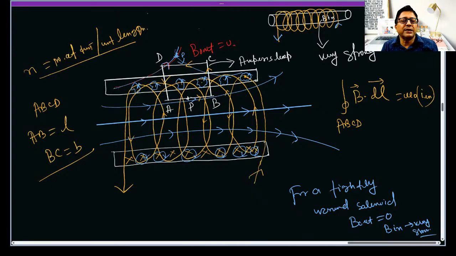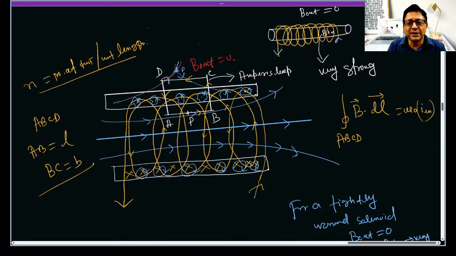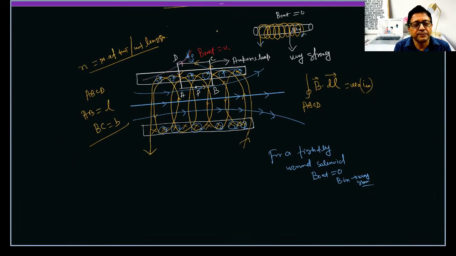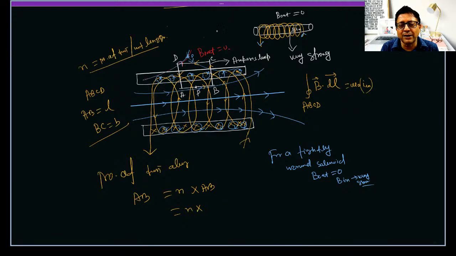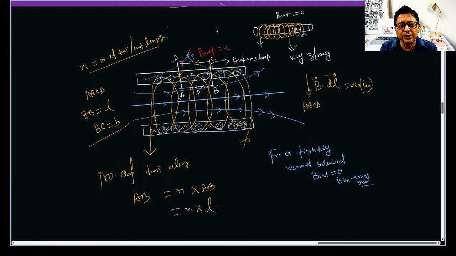Per unit length, how many turns are there? N. So over this length AB, how many turns will be there? The number of turns along AB will be N into L, because that length we have taken is L.